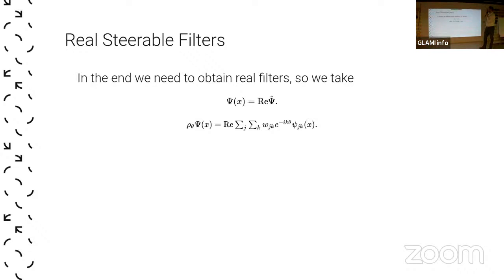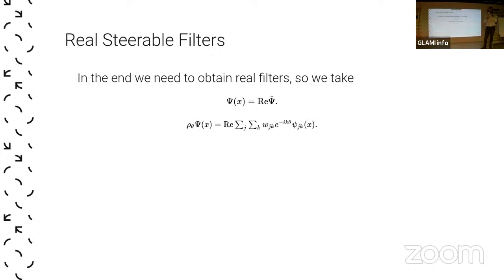And so the second row here tells you how you can do a trainable filter and steer it by an arbitrary angle theta. So the psi jk, those are the atomic filters that were on the previous slides. Simple two-dimensional functions. Then the e to the minus ik theta, that's the rotation. That's how we want to steer the filter.